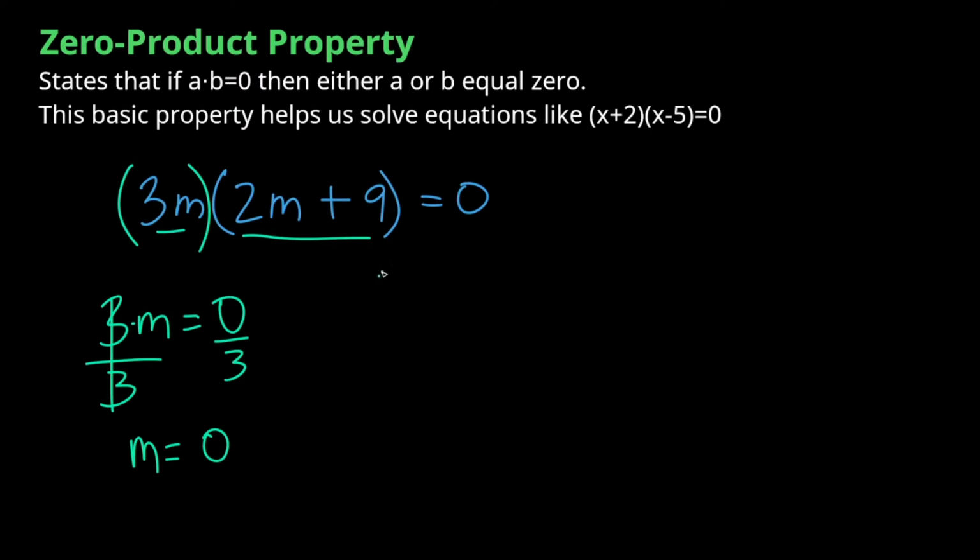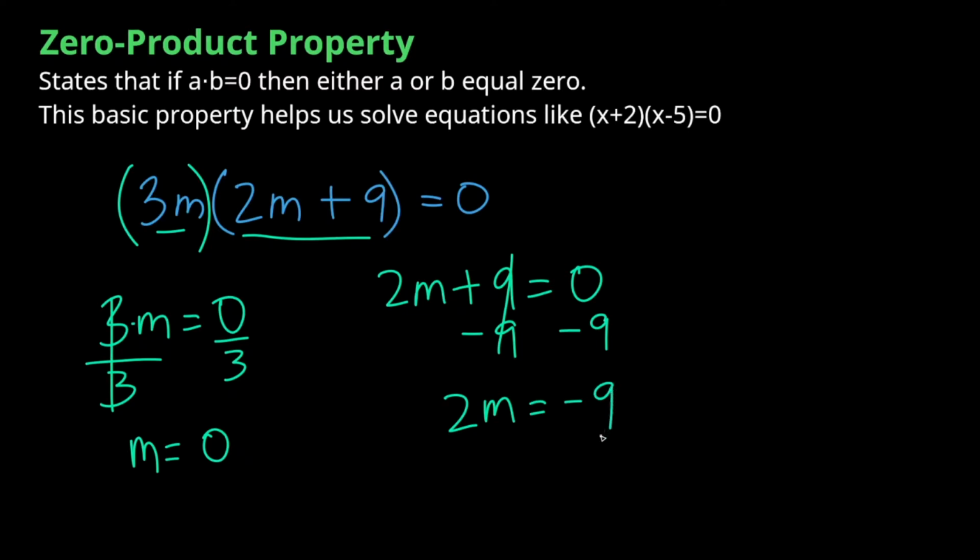Let's solve this. 2m plus 9 equals 0. We want to get 2m by itself, subtract 9 from both sides. We're left with 2m equals negative 9. We want to undo this multiplication. We undo multiplication by division.